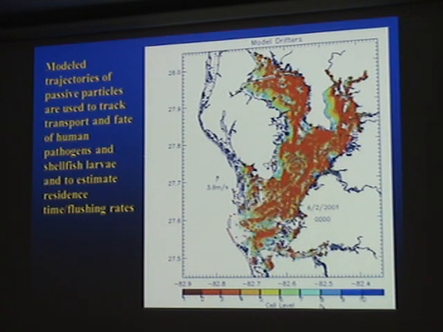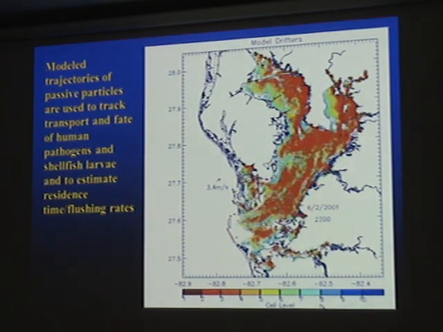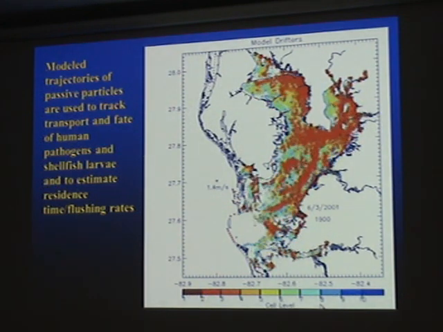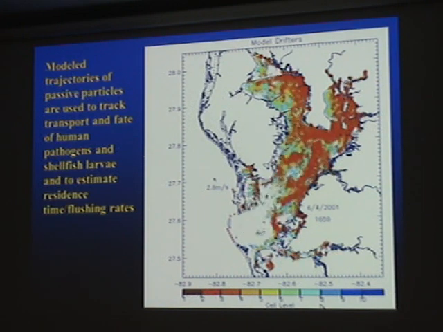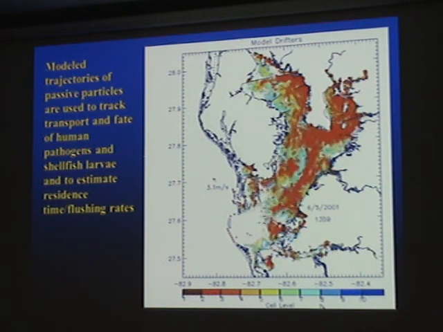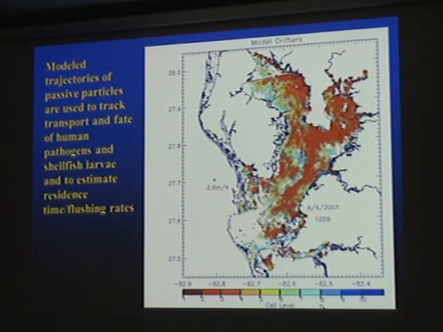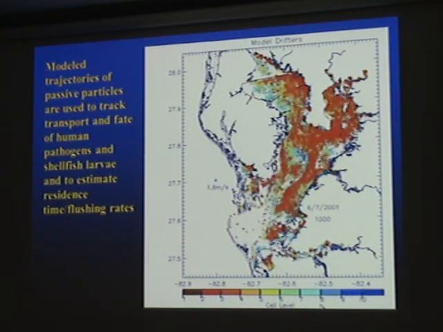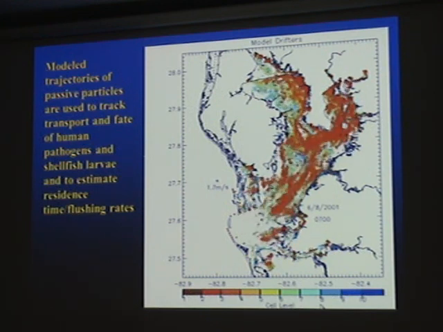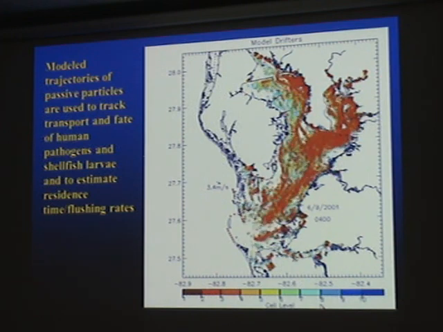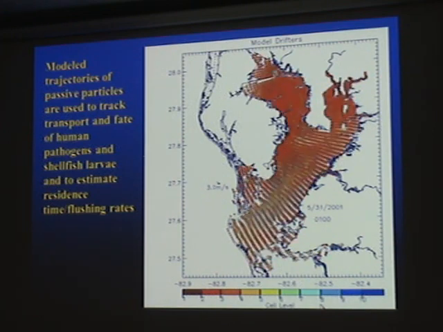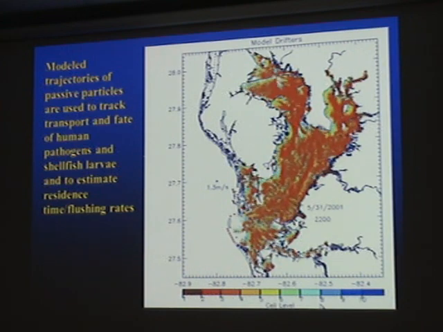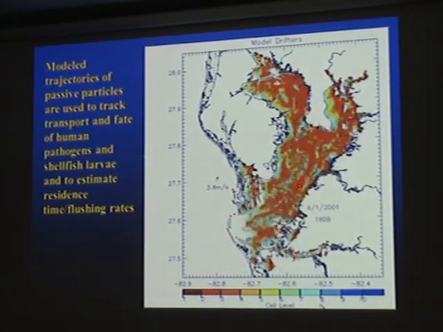And we basically count how long it takes to flush some fraction of those particles out of the bay or out of any particular section of the bay based on the tidal flow itself, the tidal residual circulation, that part of the circulation that's left over after you average over many tidal cycles, which is driven by the freshwater inflow and the wind forcing on the surface of the bay.